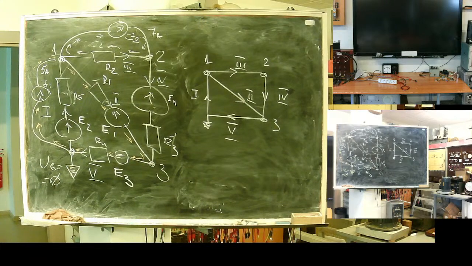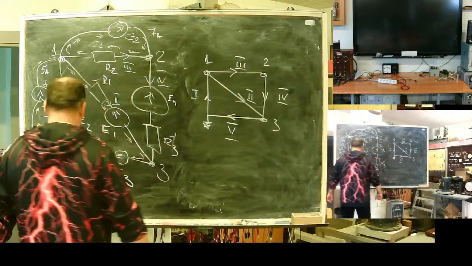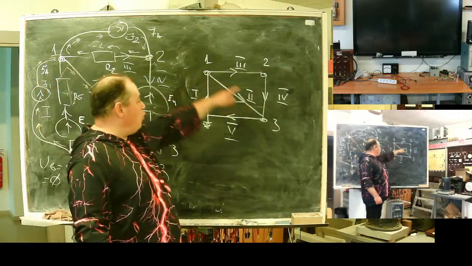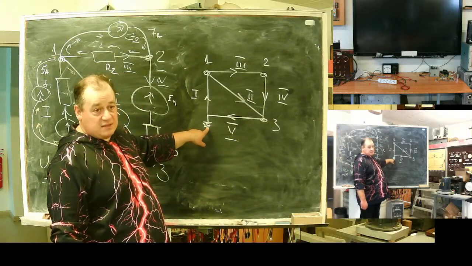Graphs can be connected and disconnected. In Latvian, saistīts. It's like connected or linked. What do connected and not connected mean? If any node is reachable from the base node, we have a connected graph.